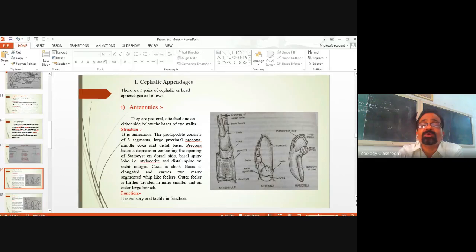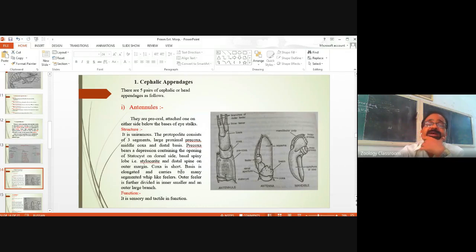The basal spiny lobe is the stylocerite, and distal means away. This is the distal spine on the outer margin. The coxa is short. This is another segment. The basis is elongated; this entire piece is the basis.